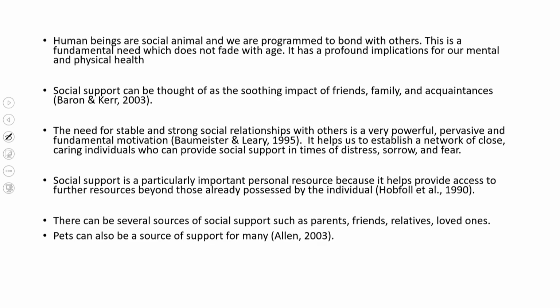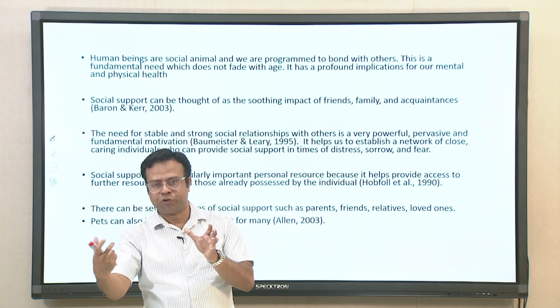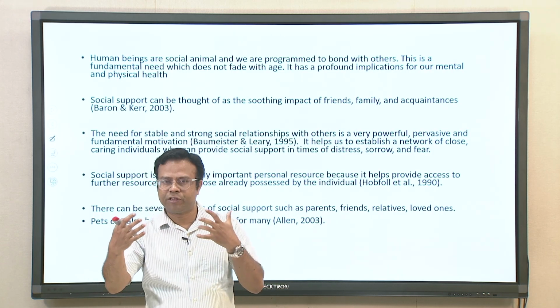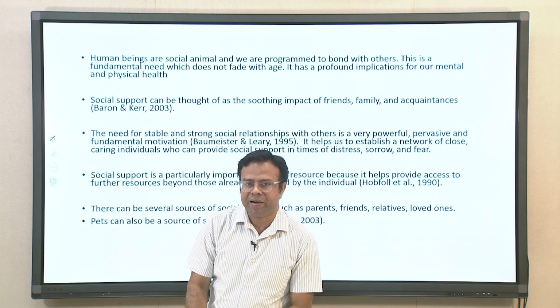So, we will try to focus on a broad definition and focus more on the impact. If you look at human beings, we already discussed that we are social animals. So, we are programmed to bond with other people. In normal circumstances, we all live in society, in family and in communities. So, we keep connecting with other people and we are programmed to bond with them. This is an unavoidable and important aspect of human life. So, this is a fundamental need.